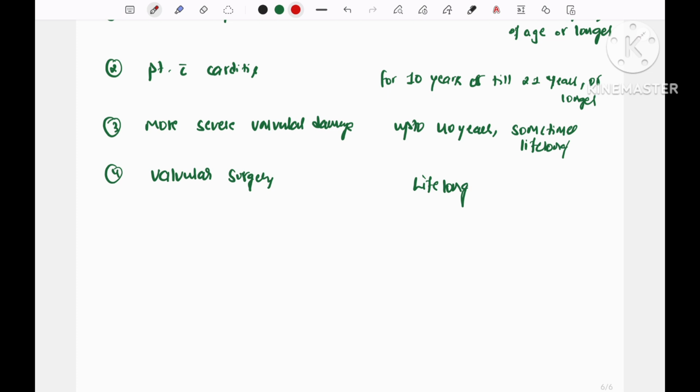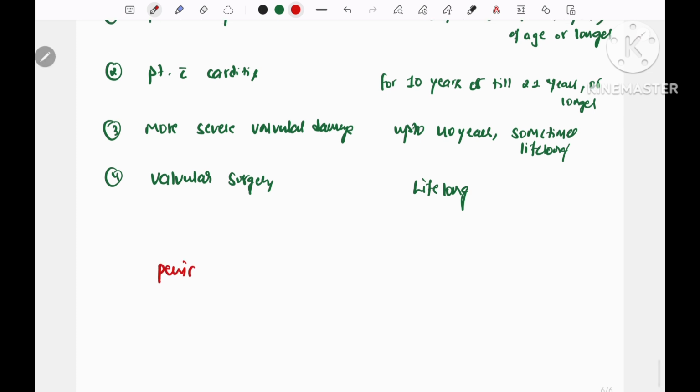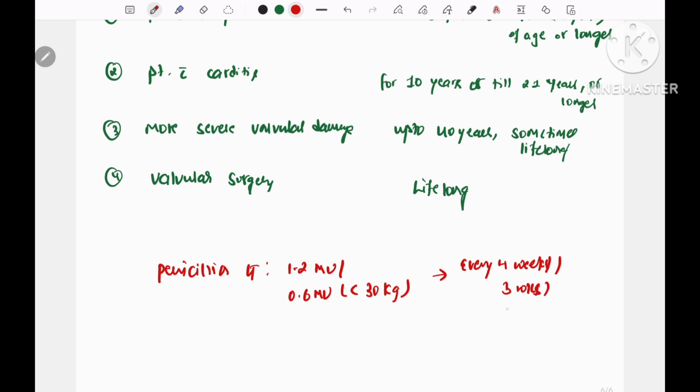So for secondary prophylaxis, this penicillin G is given 1.2 million unit, or if the patient is less than 30 kg, then we give 0.6 million unit penicillin G, and it is given either every 4 weeks, or every 3 weeks, or every 2 weeks, according to the condition of the patient.